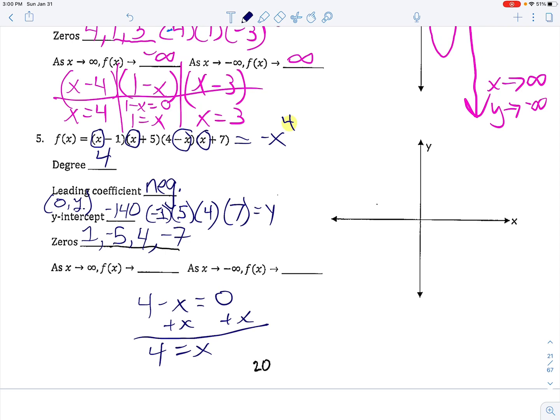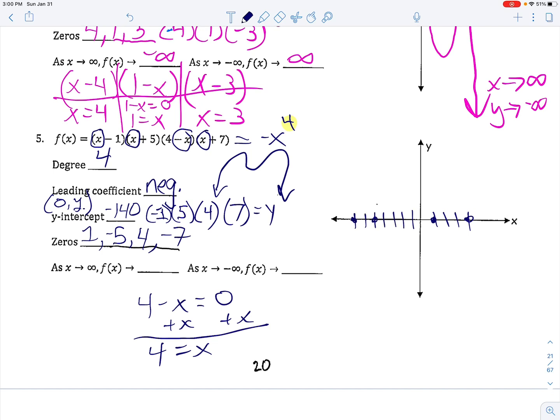All right, so let's see here. This is a degree 4 polynomial function with a negative leading coefficient. So that's going to be an M-shaped graph. All right, so let me do the roots. Plot those.